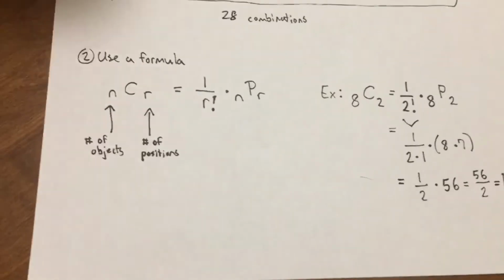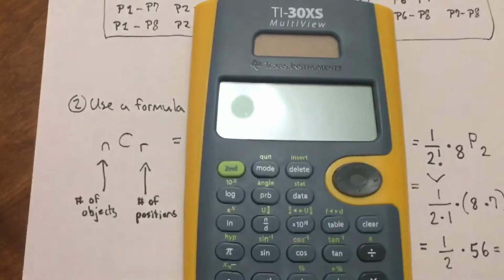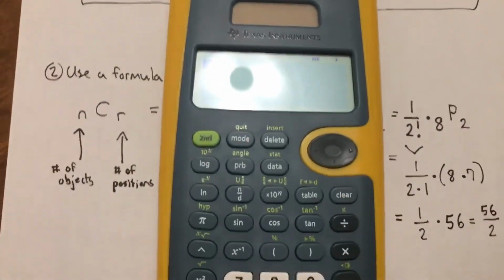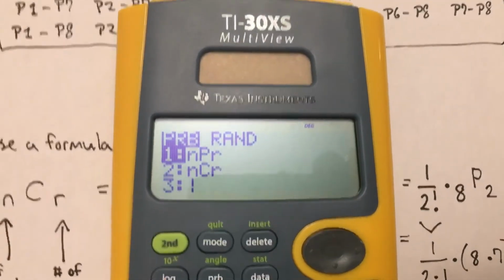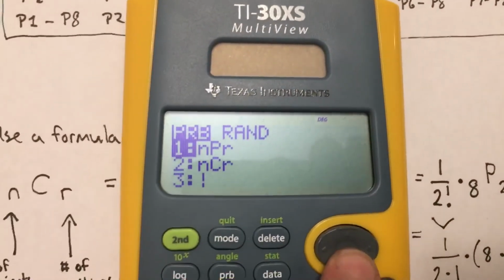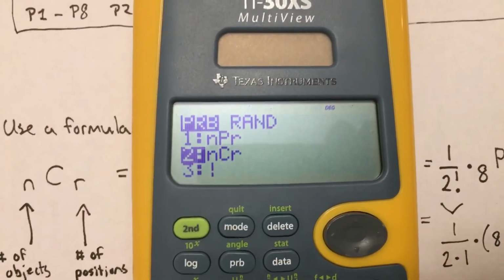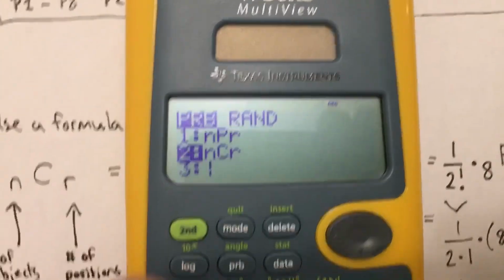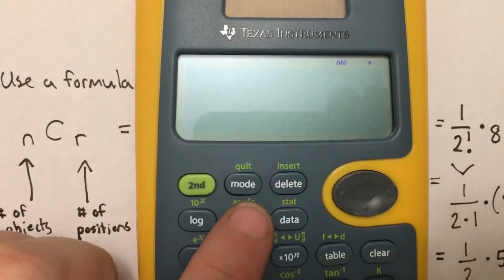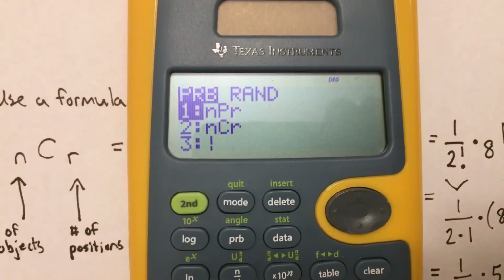Now, thankfully, if you've got a calculator such as the Multiview here, or any type of scientific calculator that has probability functions built into it, then you can use the combination command that's built in. So in this calculator, if you hit the PRB button, the second choice is nCr.